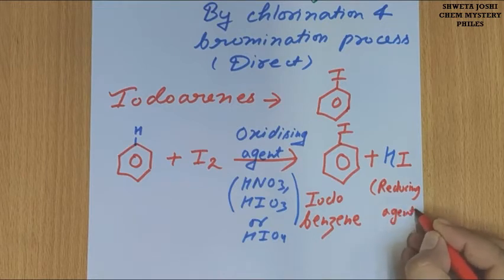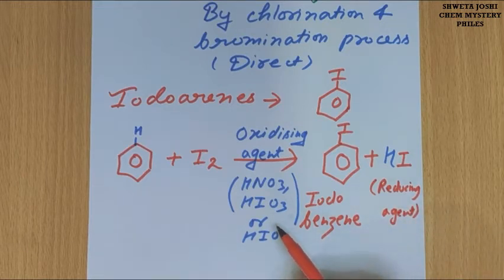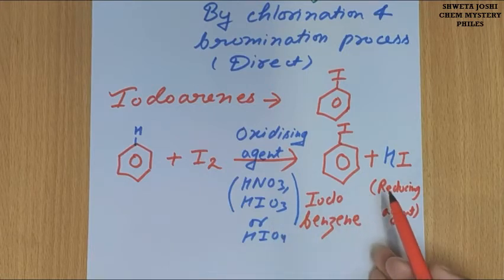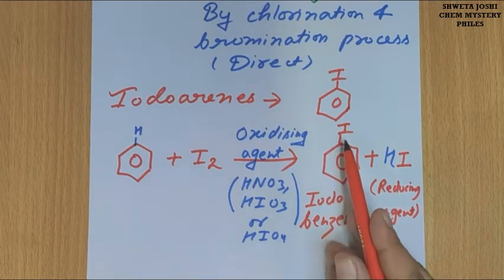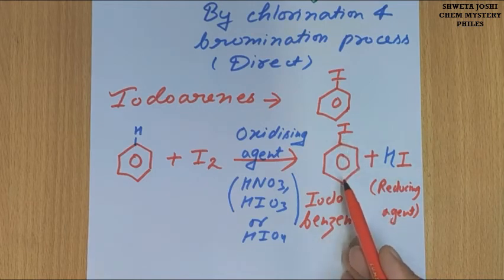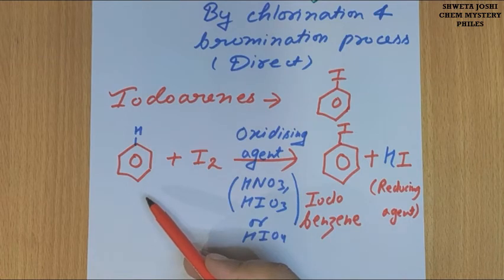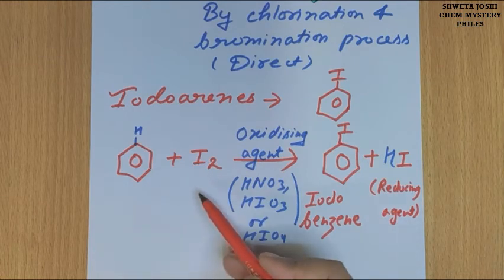If you are not using this oxidizing agent in the reaction, in that case it causes reversibility of the reaction. The HI formed in the reaction, because of its reducing nature, reduces the aryl iodide formed as product back into your reactant, that is aromatic hydrocarbon, and iodine will be liberated.